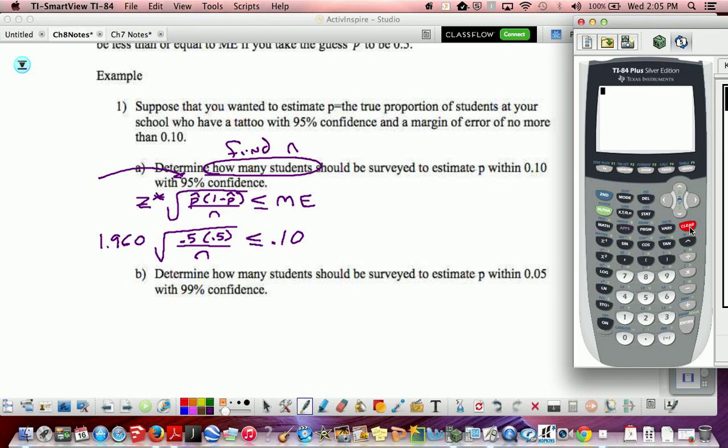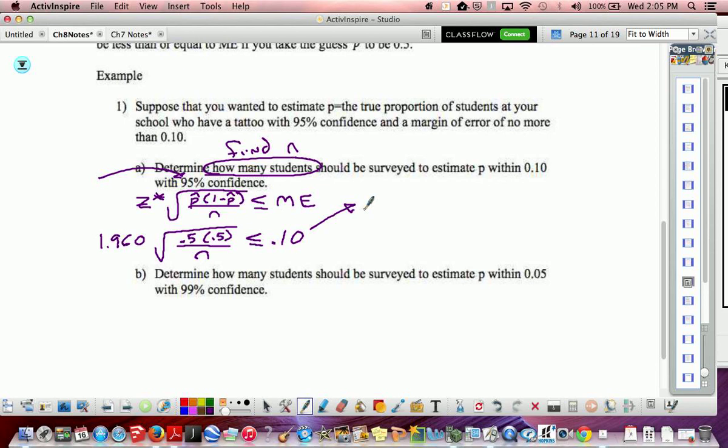What should I do first on this problem? Divide out 1.960. Yeah, divide both sides. Let's get rid of the multiplication and divide both sides by 1.960. In fact, I'm going to do 2 steps, because once I divide that out, I could actually multiply those two together.